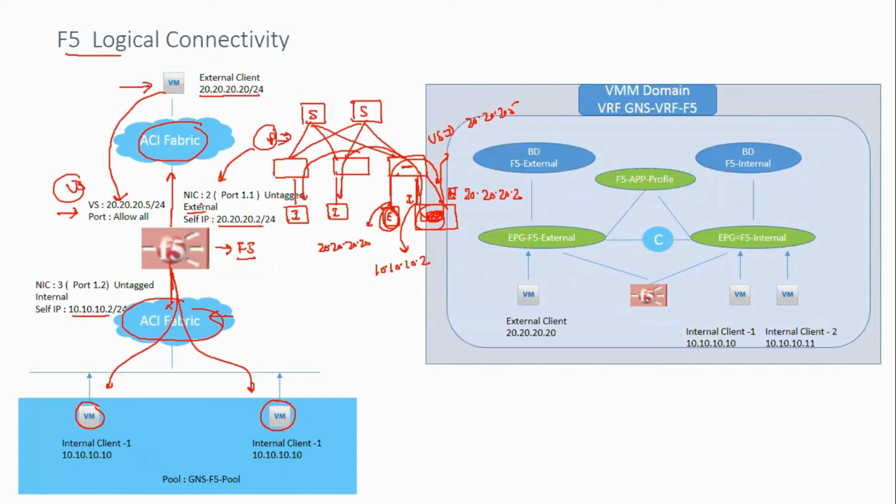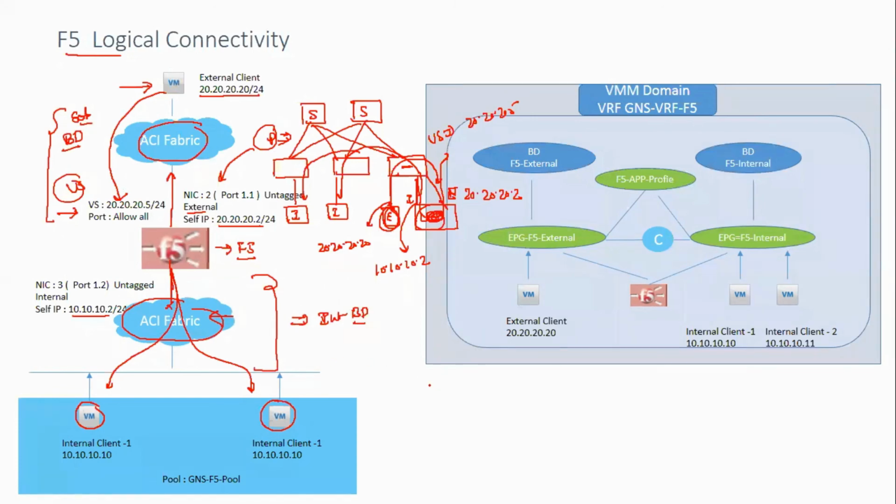So how does it happen? Because there is one subnet 20, it will be a part of the external BD. This is under another internal VLAN, so it will be part of the internal BD, right?